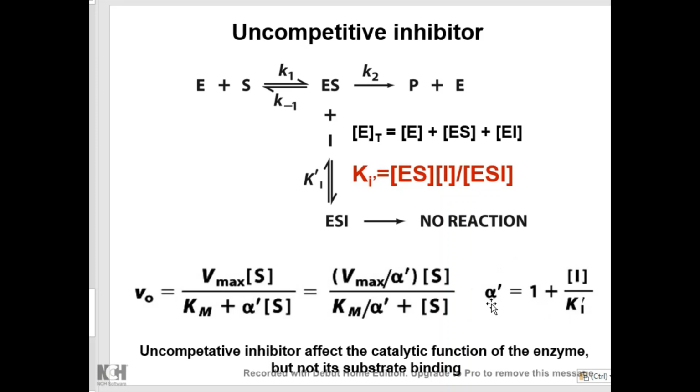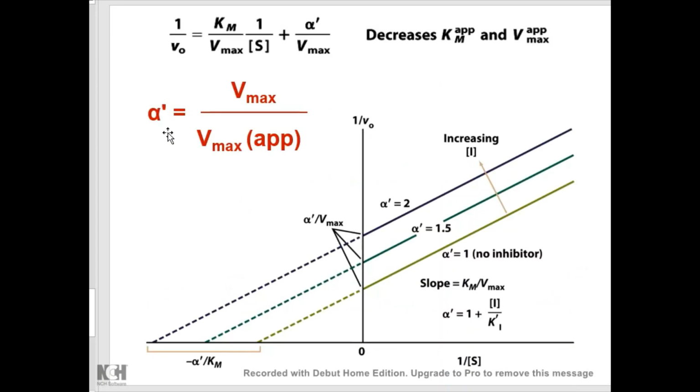Now the question, how to find alpha prime, this parameter. And alpha prime, in case of uncompetitive inhibition, is found as a ratio of Vmax and Vmax apparent. So this is the easiest and the fastest way to find alpha prime.